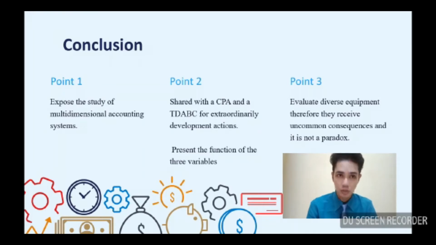Moving on to the next point, which is sooner or later shared with a CPA and time-driven activity-based costing for extraordinary development actions. And the third point is the evolution of ABC, where they present the function of 3 variables: stipulation implementation of the model, size to apply innovation, leadership from individuals carrying out the project, and the manner of individuals contained by the organization.